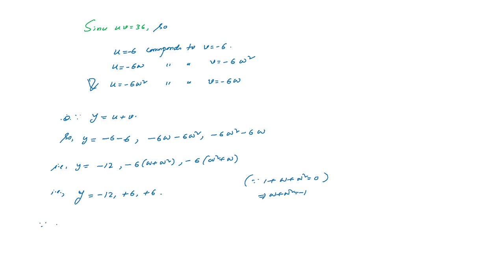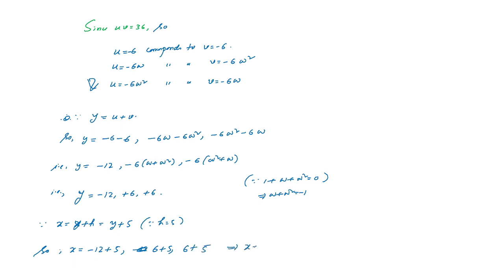So now since x equals y plus h, that means y plus 5, because our h is basically 5. So from that we can write x equals, y value is minus 12, so minus 12 plus 5, then minus 6 plus 5, and also minus 6 plus 5.